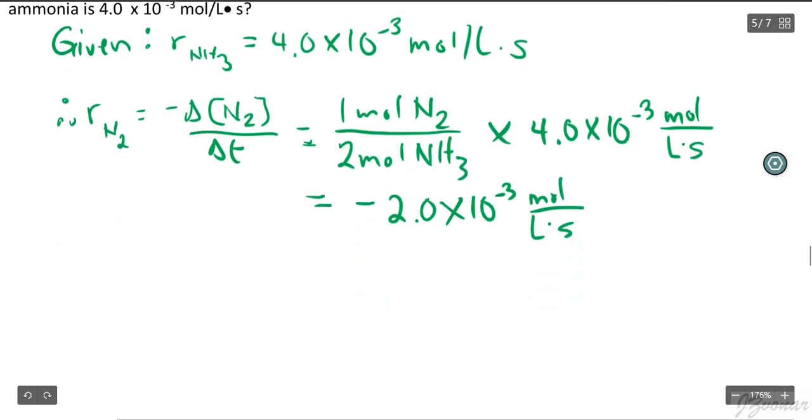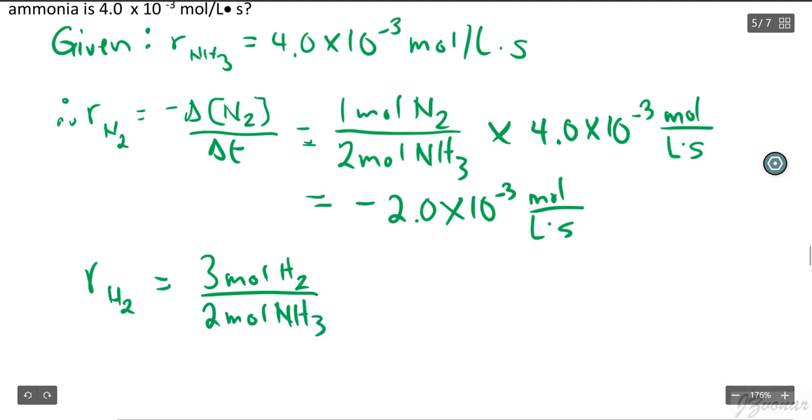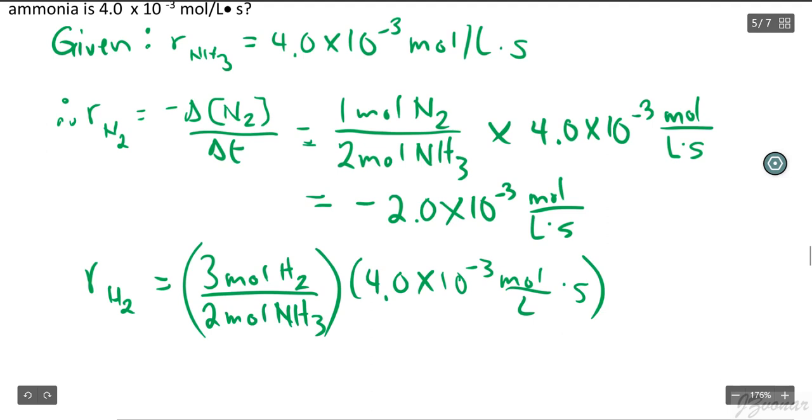And we do the exact same thing for hydrogen to find its rate. And so we've got 3 moles from the balanced equation of hydrogen over the 2 moles of ammonia. And we're going to multiply it by the rate that we know, which is 4 times 10 to the negative 3 moles per liter per second for ammonia production.